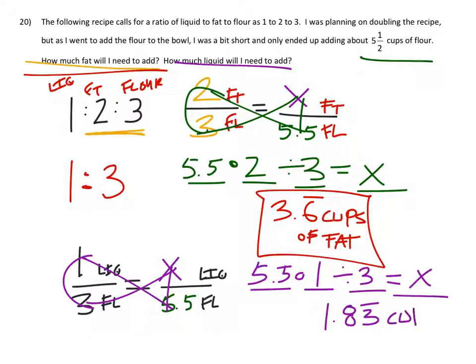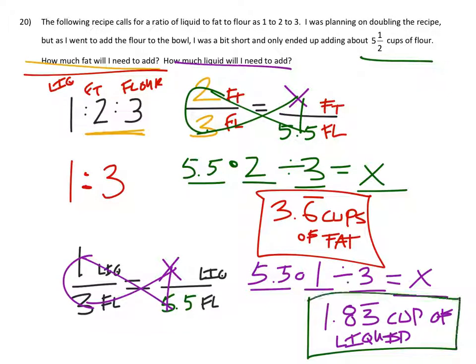Again, that's going to be in cups of liquid. Now, yes, once again, we did know how much fat we needed, and it's 1 part liquid to 2 parts of fat, so you could have cut that in half, which should give you the 1.83 repeating cups of liquid.